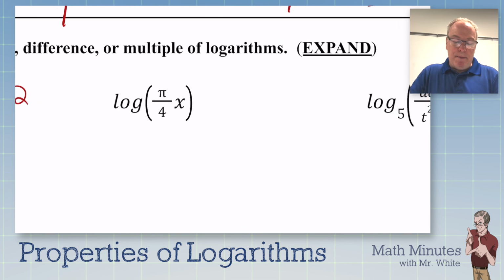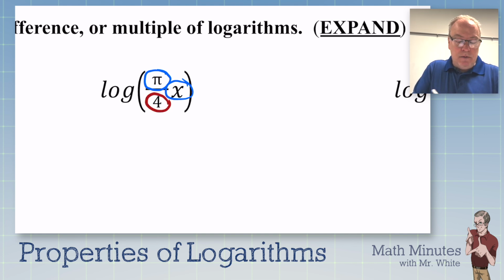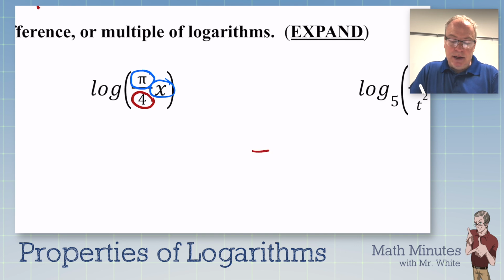All right, what about pi over 4x? Now, we actually have division, so we could do quite a bit of simplifying here, or expanding. This is on the top, and so is this, but I'm going to circle it in red. The 4 is on the bottom. Okay, so anything on the bottom is going to be negative.